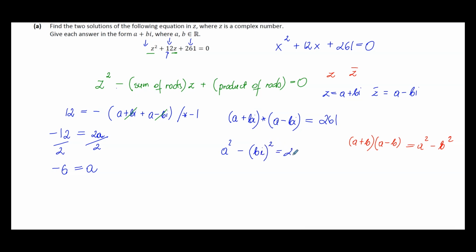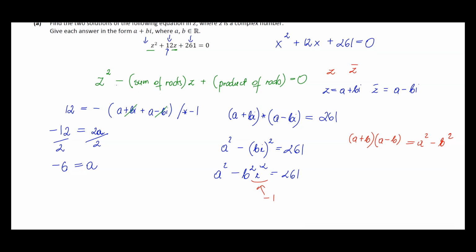Now, there is a reason why I'm writing them in brackets, because it's b taken to the power of 2 and i taken to the power of 2. So that means I'm having minus b to the power of 2 and i to the power of 2. Now, what happens when I have i taken to the power of 2? Well, that has to be changed to minus 1, isn't it?